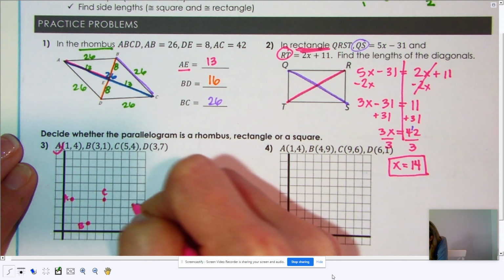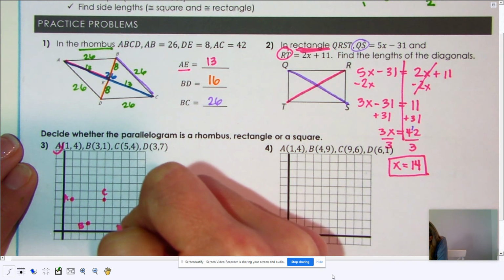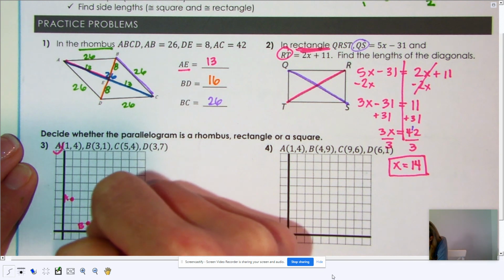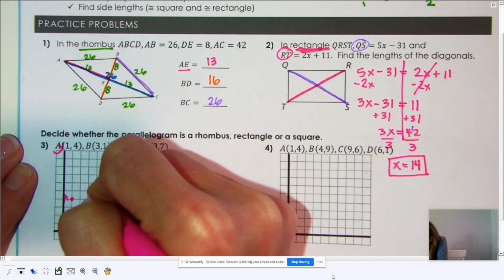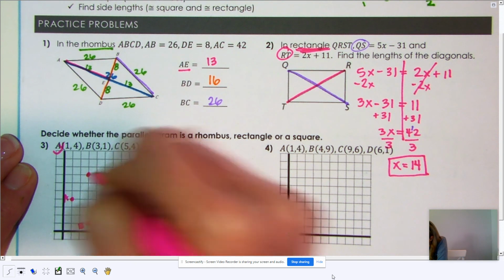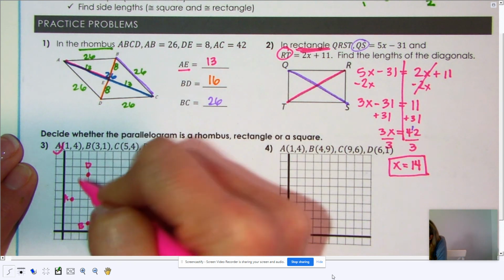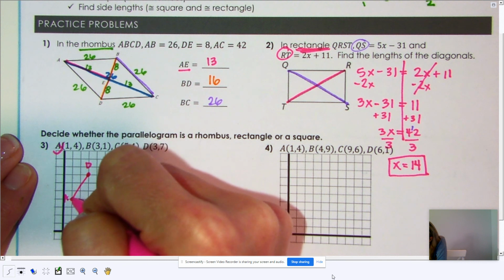So that's C. And then D is over by 3, up by 7, so we've got 1, 2, 3, 4, 5, 6, 7. Okay, now I'm going to connect the dots.